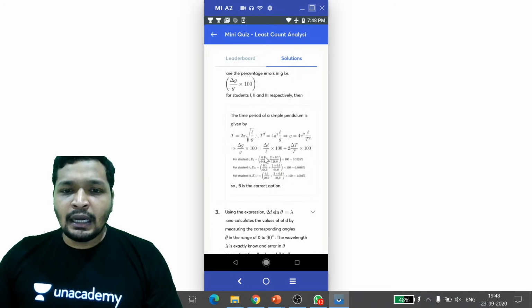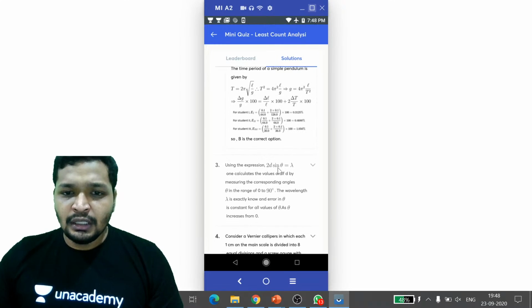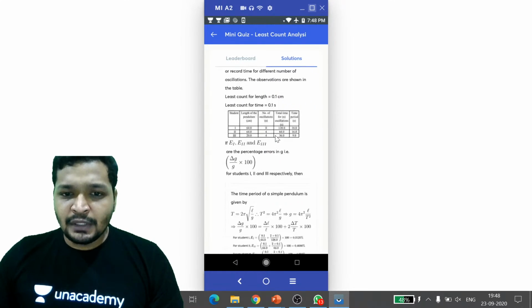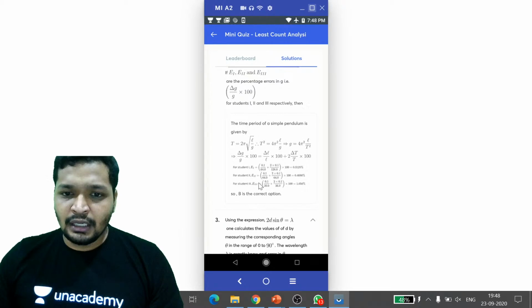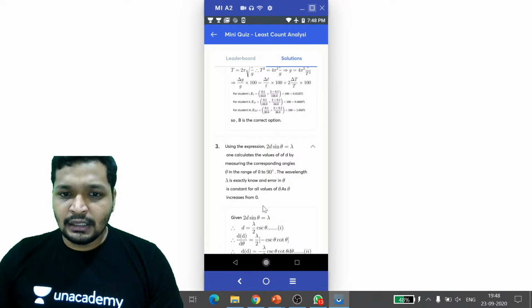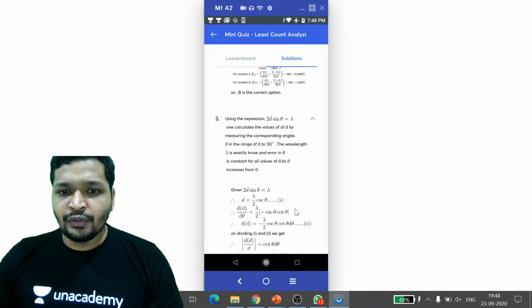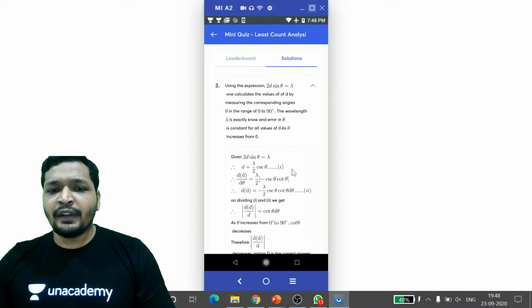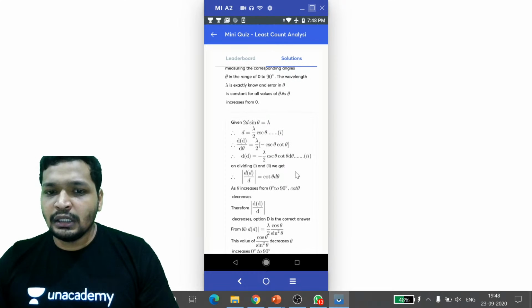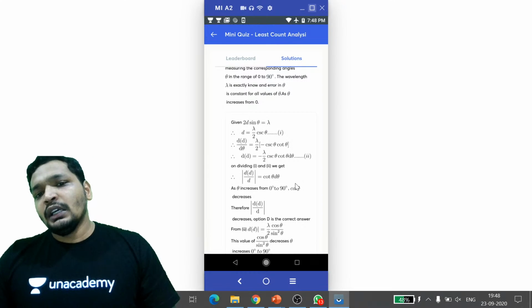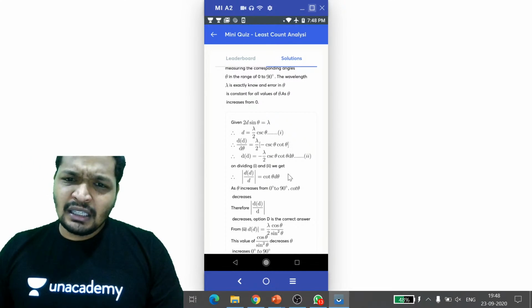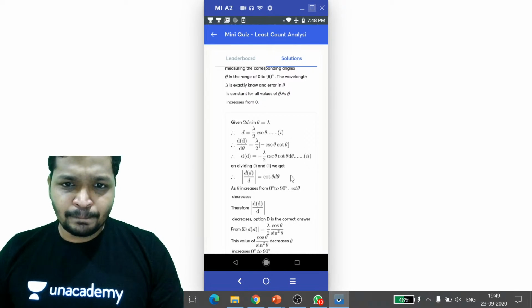Coming to this question, if you had observed, you would have to differentiate this. You could express it as minus cot theta, or you could have taken d theta by d, and expressed this in terms of cosec theta.